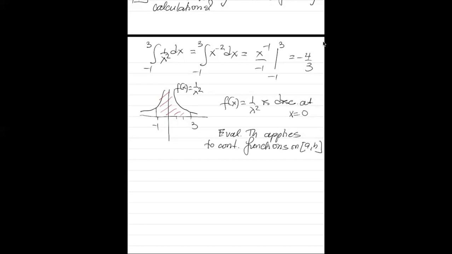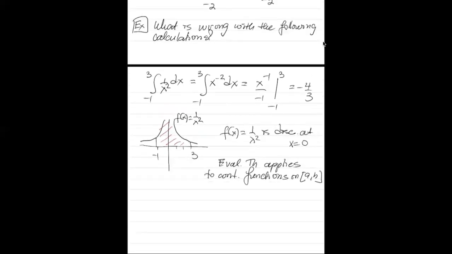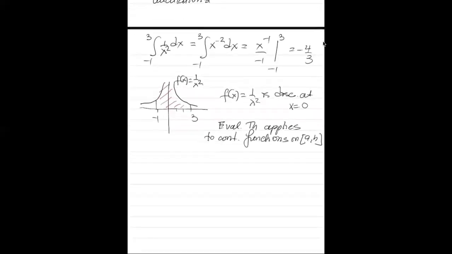So the calculations are wrong because we couldn't apply the evaluation theorem in the interval from negative 1 to 3 because 0 is in there. So we say this integral from negative 1 to 3 of 1 over x squared dx does not exist.